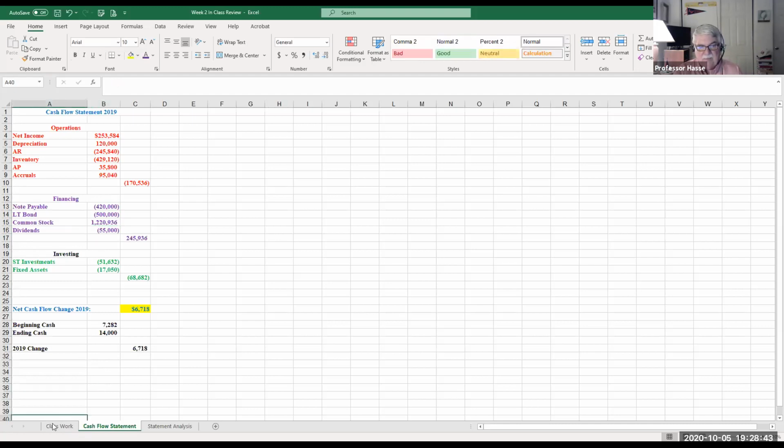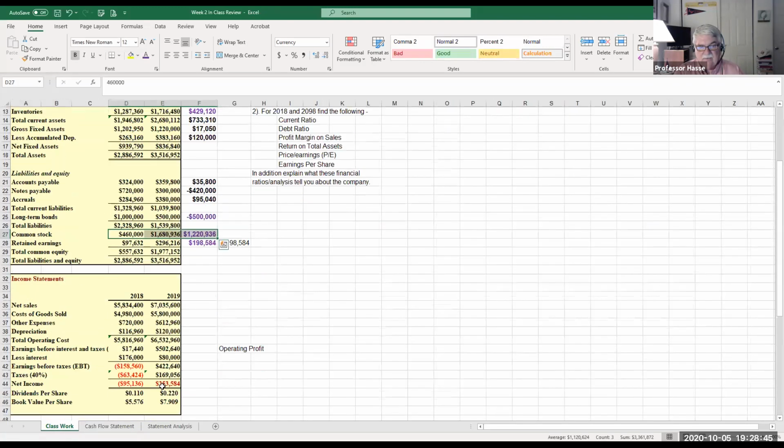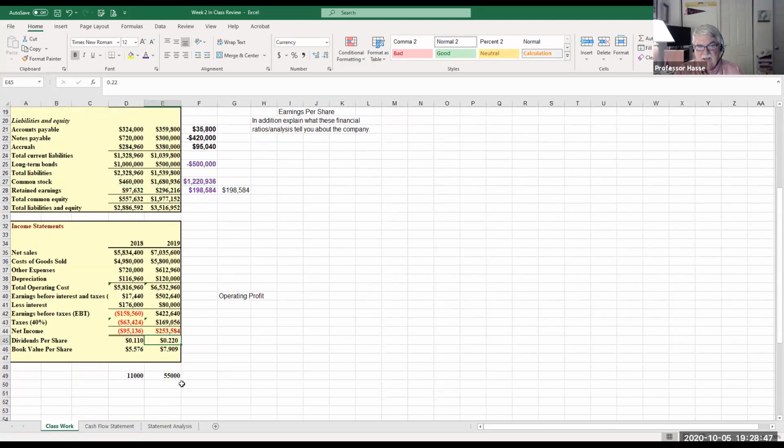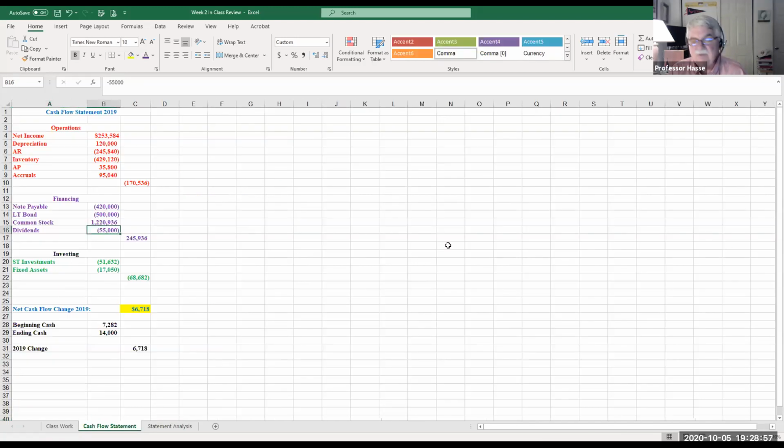And remember, we paid out 22 cents a share in dividends on 250,000 shares of stock, and that's $55,000 of dividends being paid out. So that's cash going out for dividends. So for the financing section of cash flow, money going out, paying off of debt and dividends; money coming in, the issuance of additional stock.